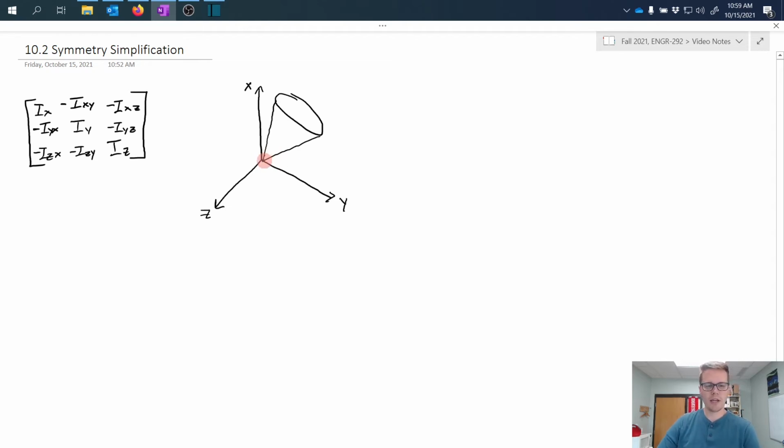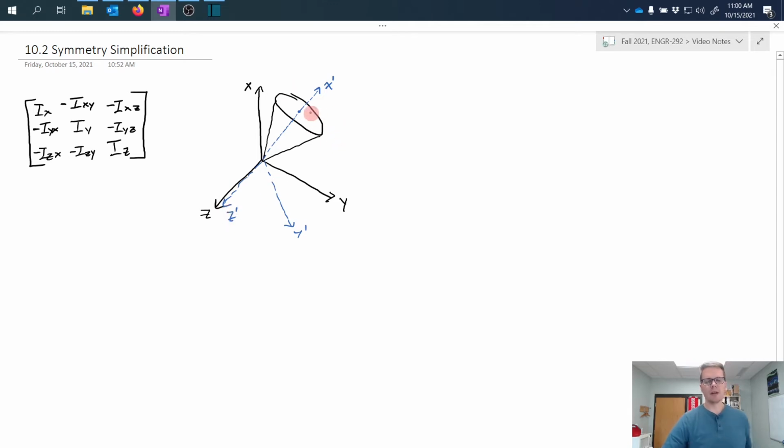So suppose I was able to represent this in terms of new coordinate axes, which I'll call, in this case, x prime, y prime, and z prime.